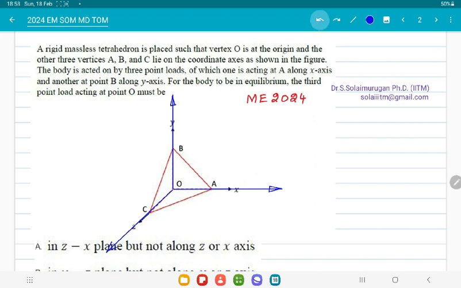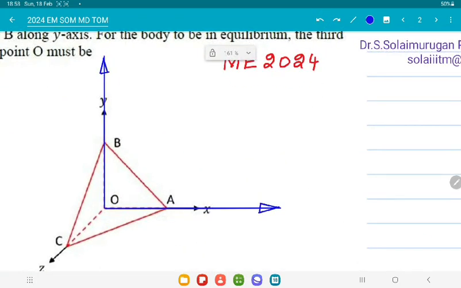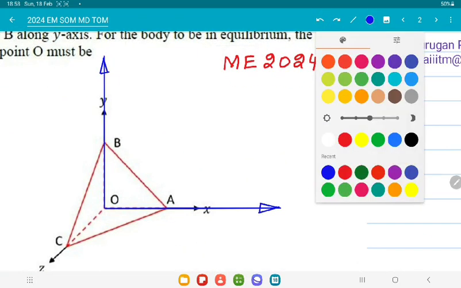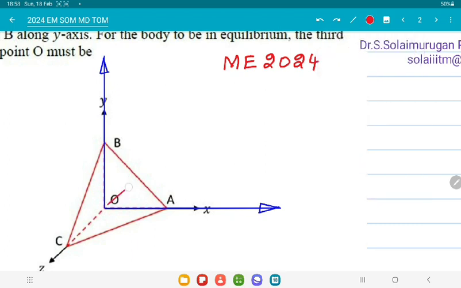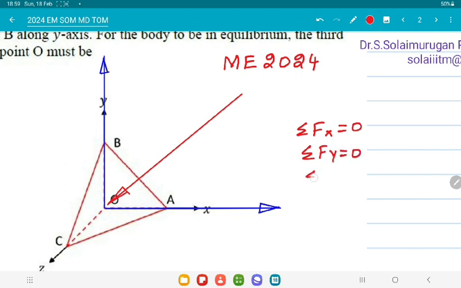So what we have to do? So we have to apply the force in the xy plane itself. Like this. If I apply the force like this in the xy plane, I can satisfy summation of Fx equal to 0, summation of Fy equal to 0, summation of Mz equal to 0.